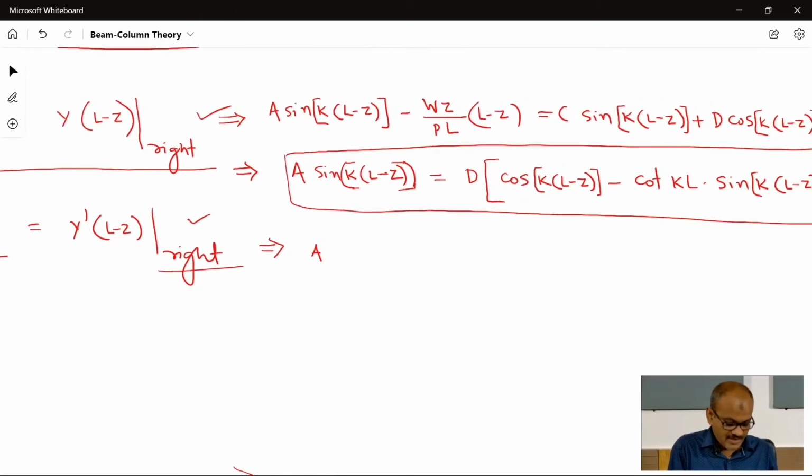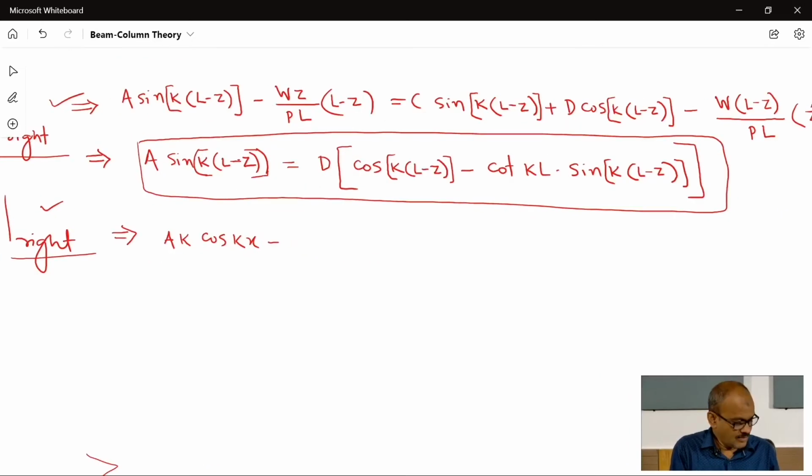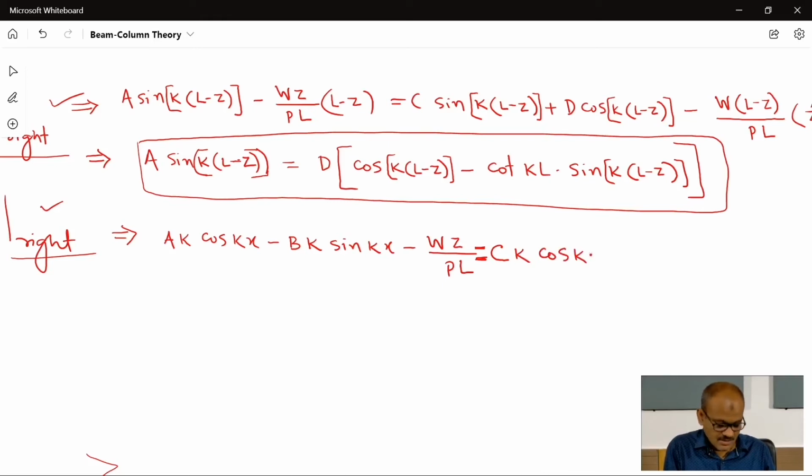So that will come: Ak cos kx minus Bk sin kx minus Wz divided by PL is equal to Ck cos kx minus Dk sin kx plus W(L minus z) by PL.